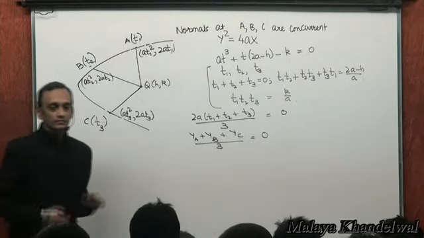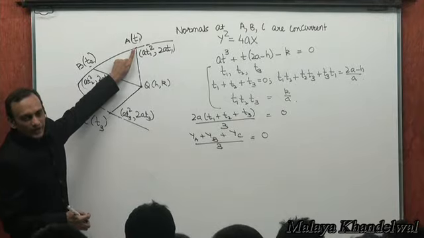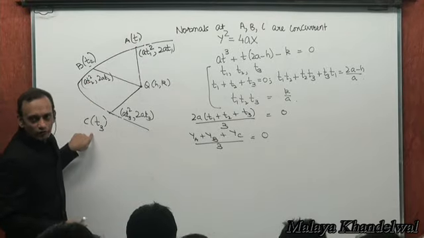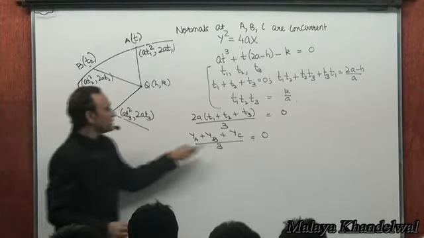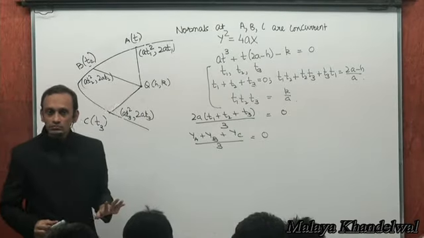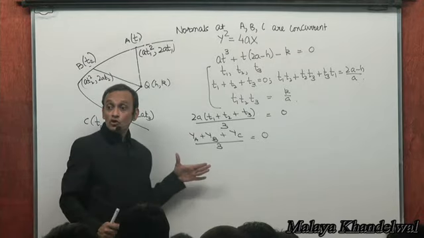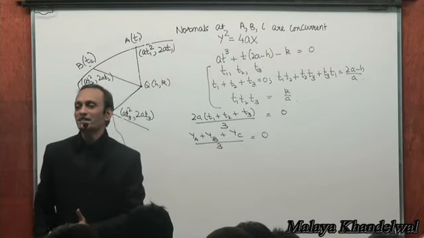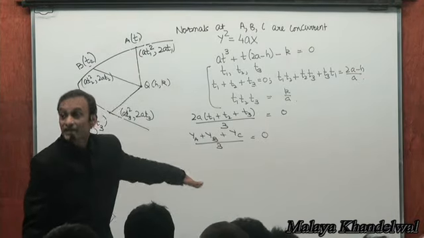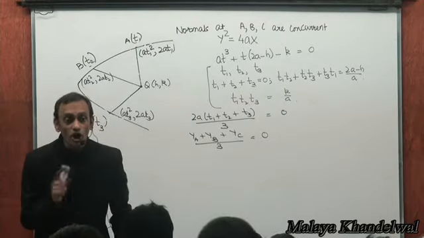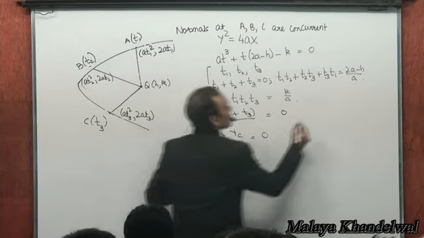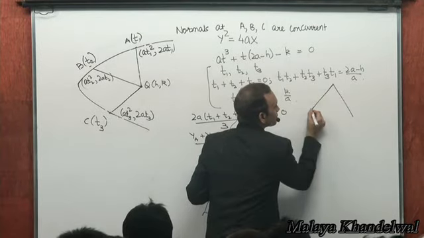Can I say this? y of A is 2a t1, y of B is 2a t2, y of C is 2a t3. That divided by 3 is 0? Yes or no? But what does this represent? The y of the centroid of triangle ABC. Yes or no? Yes, so this was the triangle ABC.